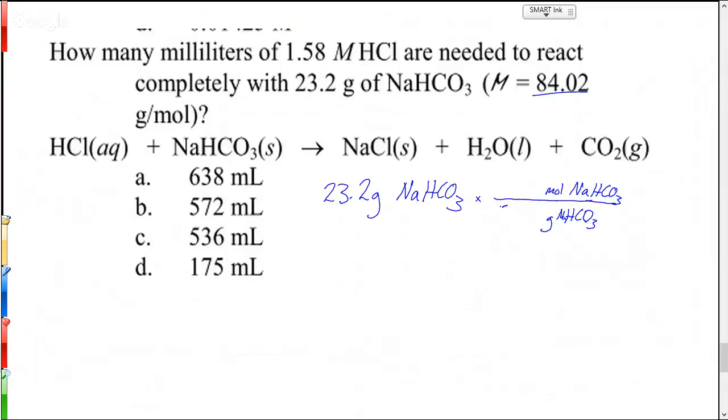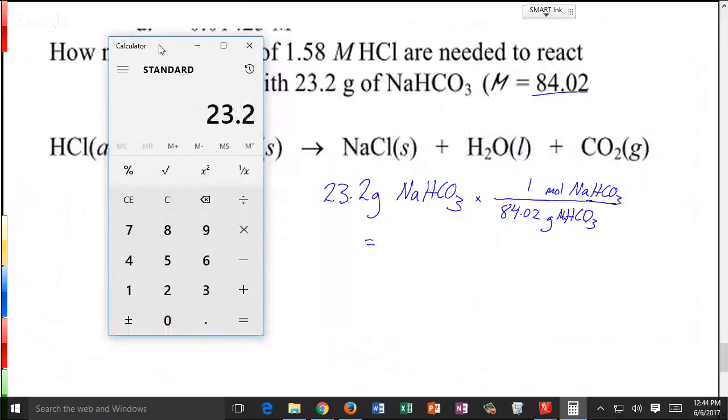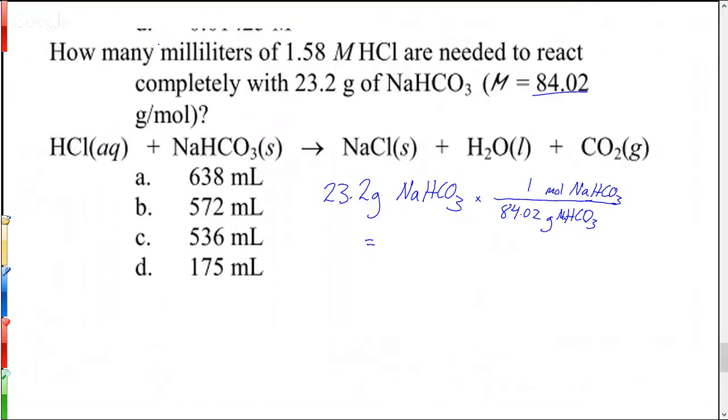We're given the molar mass here, so that's 84.02 grams per 1 mole. So we're starting with 0.276 moles of NaHCO3.